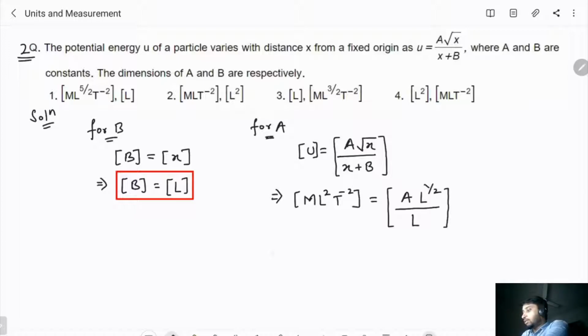Now let us simplify this a little bit. So here we have M L square T to the power minus 2, and here A is unknown, and this will be L to the power minus 1 by 2.